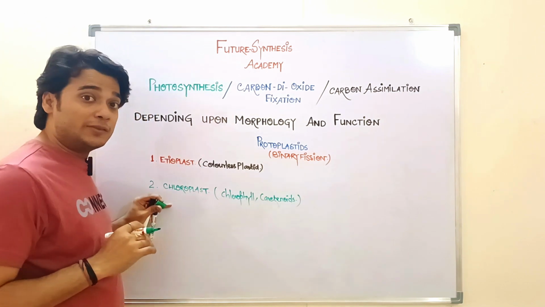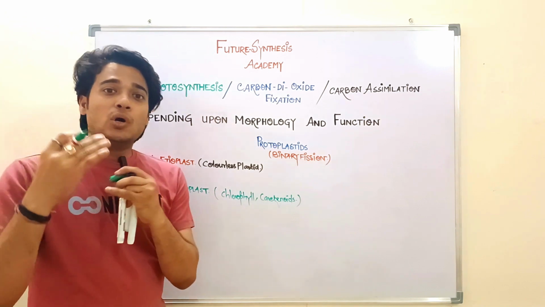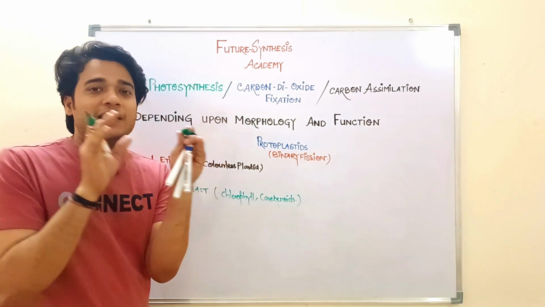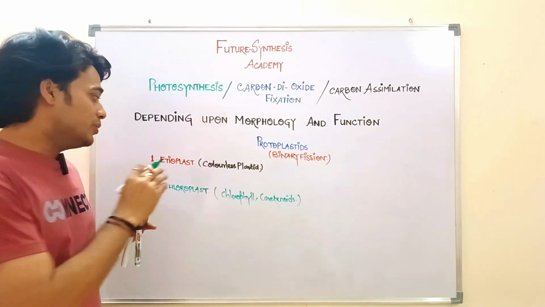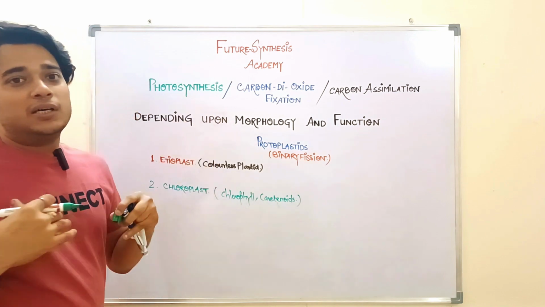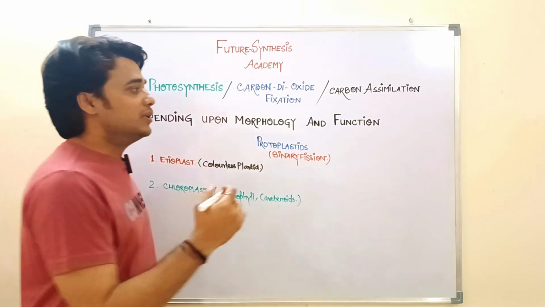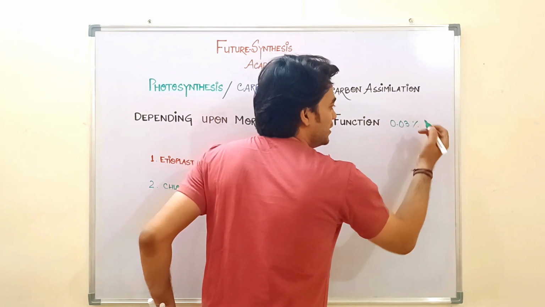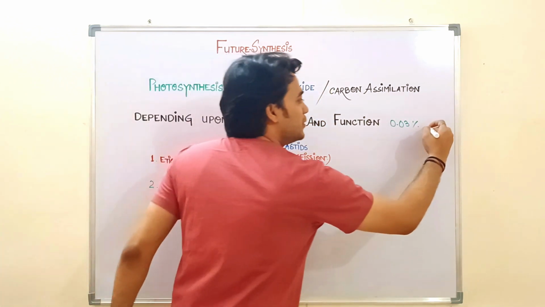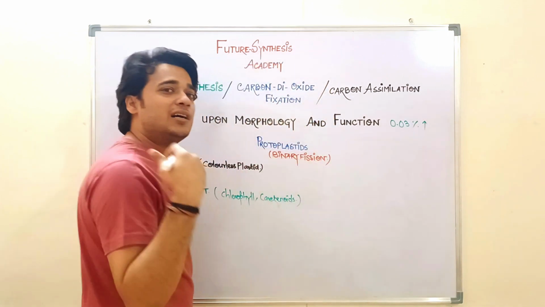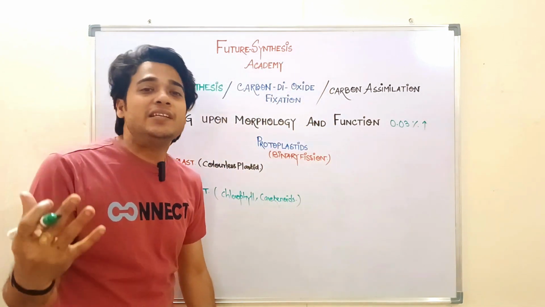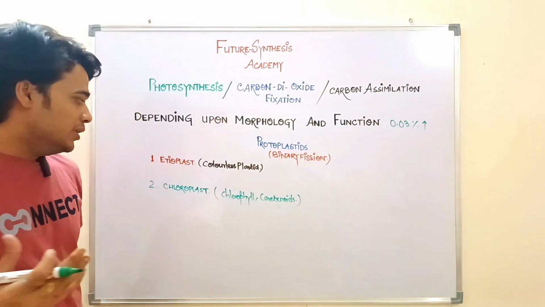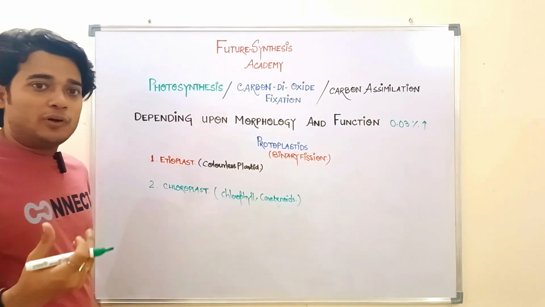Now this chloroplast basically has the ability to also balance the carbon dioxide and oxygen ratio, because the limit of CO2 in the atmosphere is 0.3%, and if it goes above this, the extra amount of CO2 is basically lethal for living organisms. So this chloroplast basically performs a lot of functions.